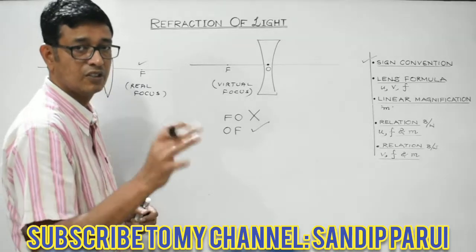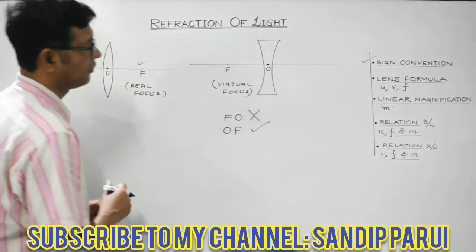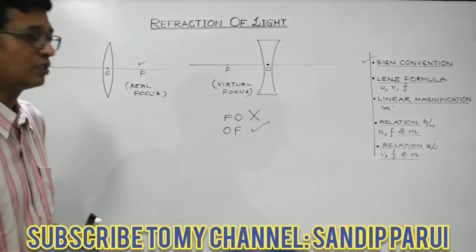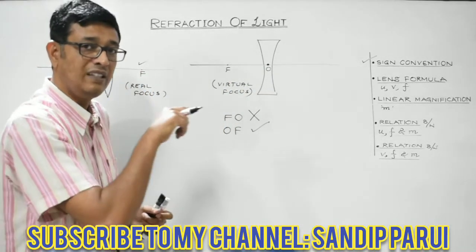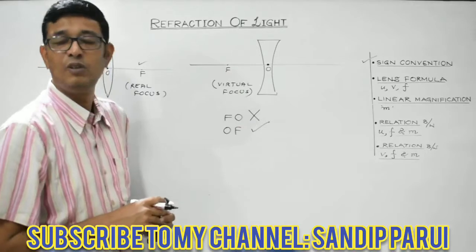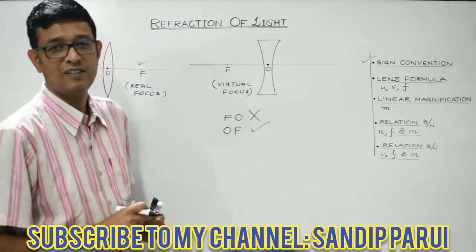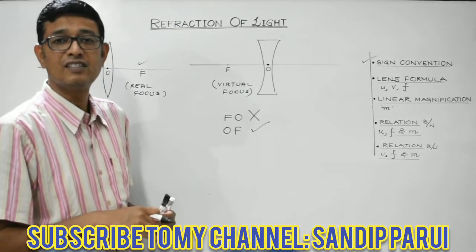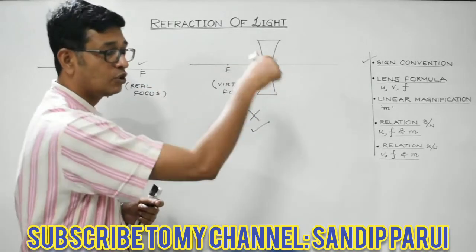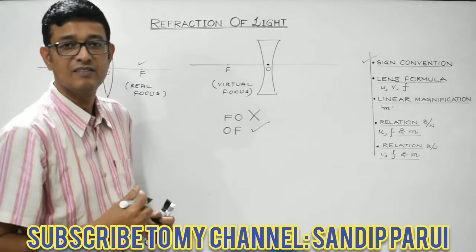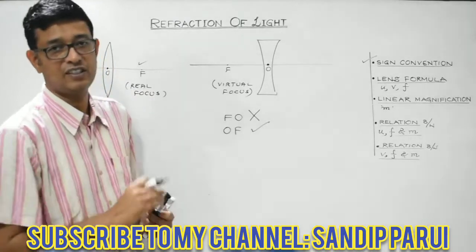Second, all the distances measured from the optical center of the lens along the direction of the incident light will be assigned positive sign, and the distances measured from the optical center in a direction opposite to that of the incident light will be assigned negative sign.